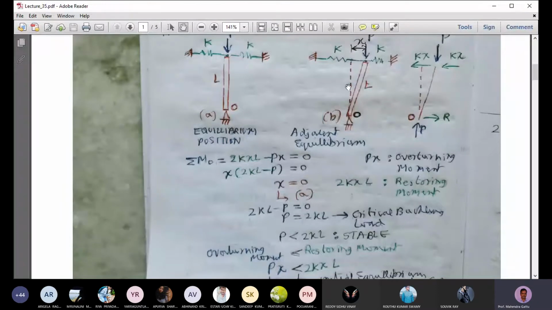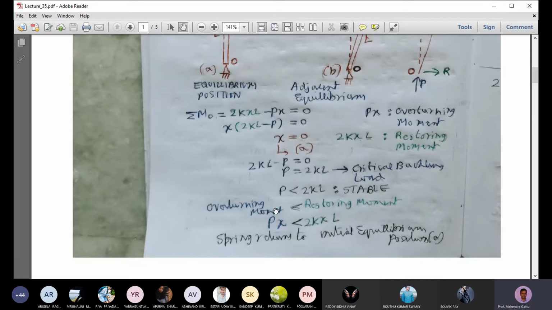It will not come back to its undeformed configuration. You can look at it in another way: as long as the restoring moment, the spring force into L, exceeds the overturning moment P into x, the column will come back to its initial equilibrium position. You can cancel out x and you get the same thing: P is less than 2kL.